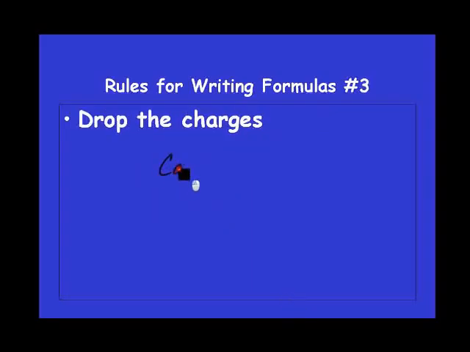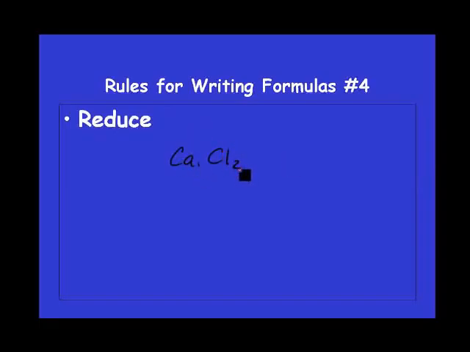So we have Ca1, Cl2. Now, last step is to reduce. So when we have Ca1, Cl2, we don't need that one. So our final would be calcium chloride, CaCl2.